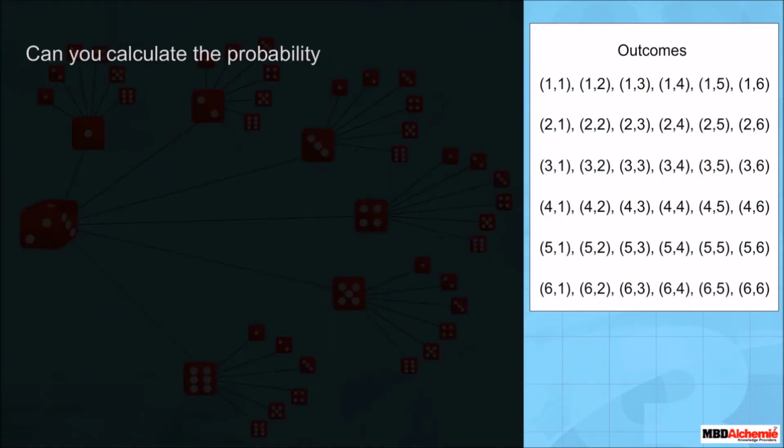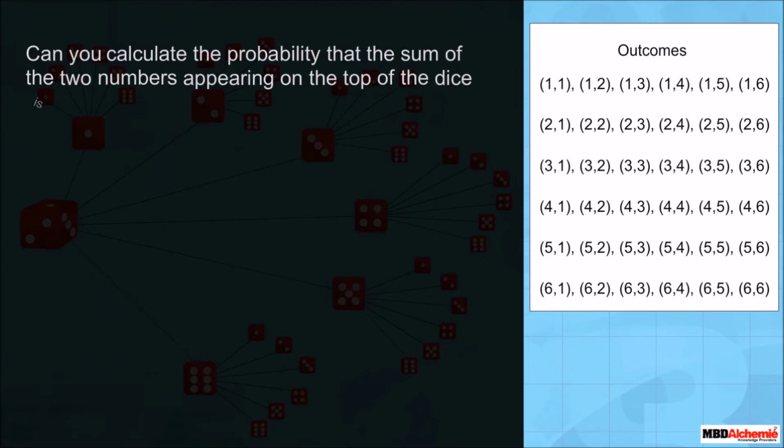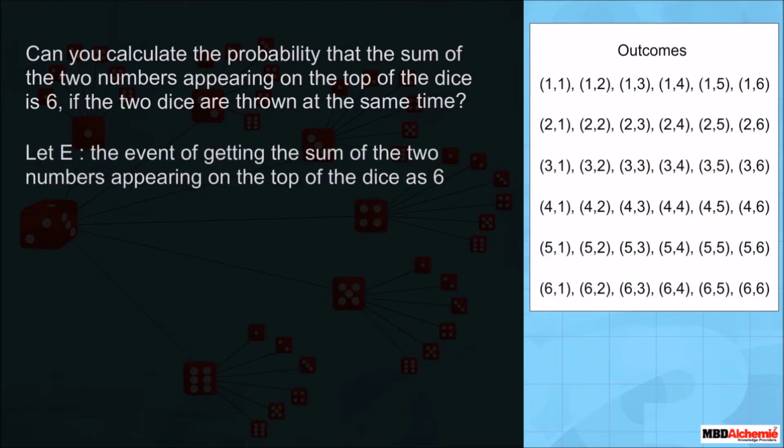Now, can you calculate the probability that the sum of the 2 numbers appearing on the top of the dice is 6 if the 2 dice are thrown at the same time? As we have seen that on throwing 2 dice at the same time, the total outcomes are 36. Let E be the event of getting the sum of the 2 numbers appearing on top of the dice as 6. Now, let's note down the outcomes which satisfy the given condition.